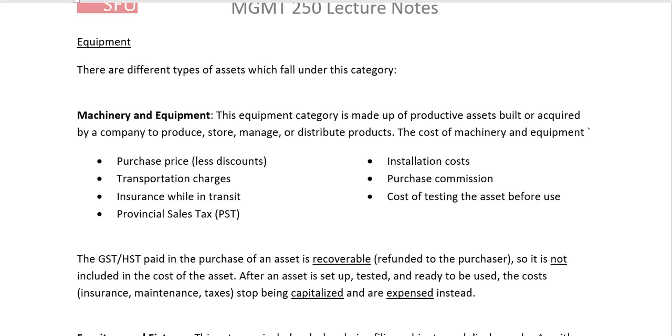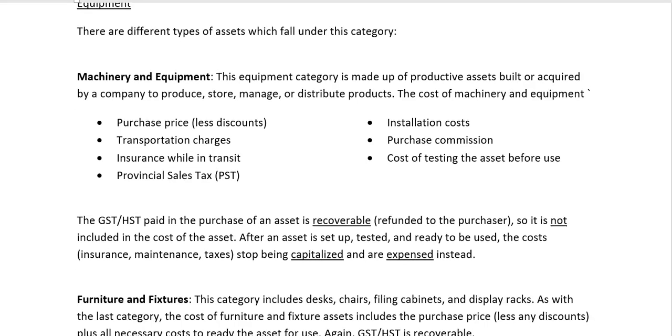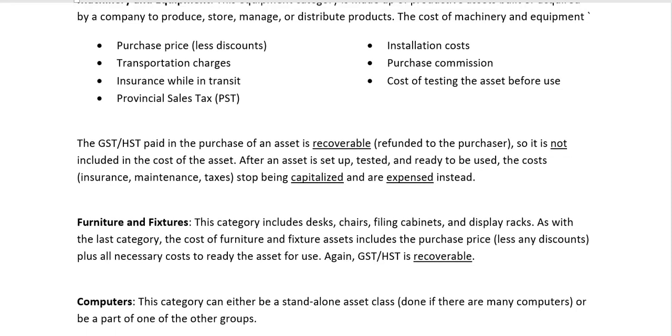The cost of machinery and equipment includes purchase price less discounts, transportation charges, insurance while in transit, PST, tax, installation cost, purchase commission, and the cost of testing the asset before using it. The GST or HST paid in the purchase of an asset is recoverable, is refunded to the purchaser, so it is not included in the cost of the asset.